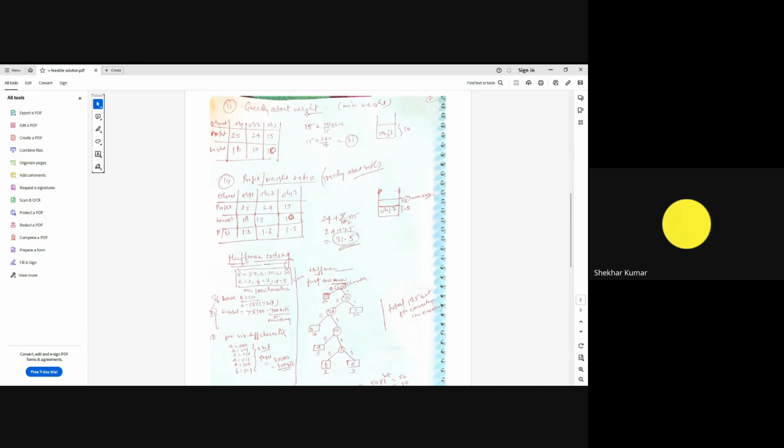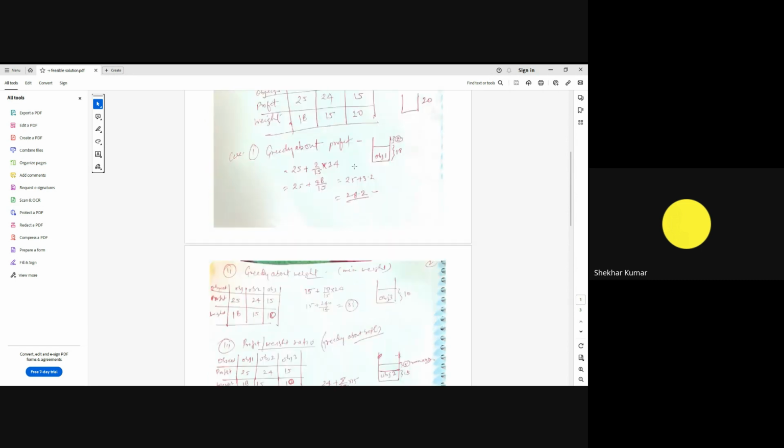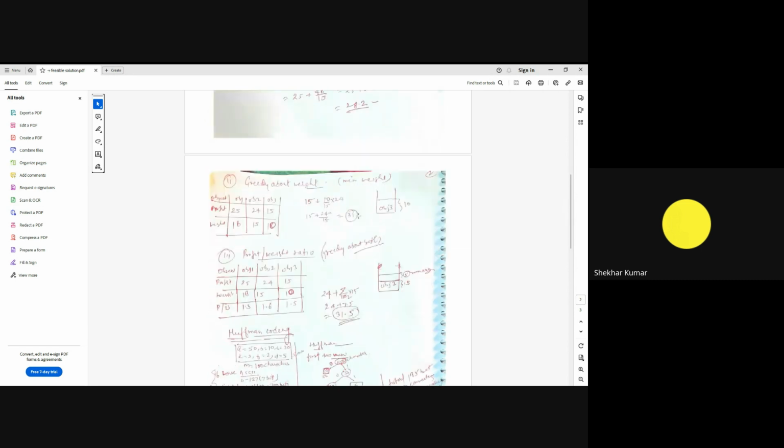So that is the same objects 1, 2 and 3. The profits are 25, 24 and 15, and the concerned weights are 18, 15 and 10. Now we are thinking about which has the minimum weight every time.